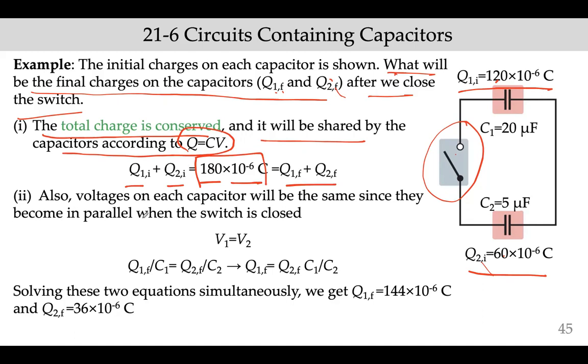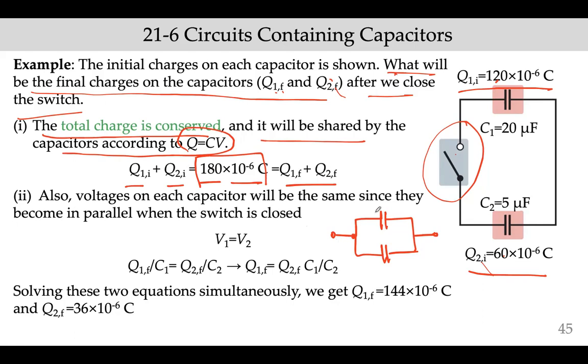Now also the voltages on each capacitor will be the same after we close the switch, since they become in parallel when the switch is closed. So when you close the switch, and if it's a full circle like that, then if you imagine that you measure the voltage between these 2 points, these two are in parallel.